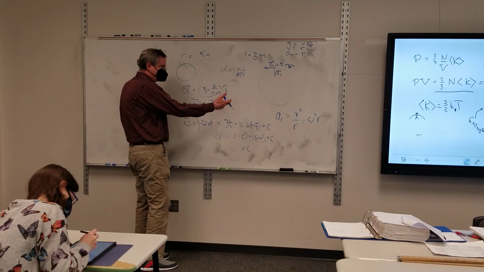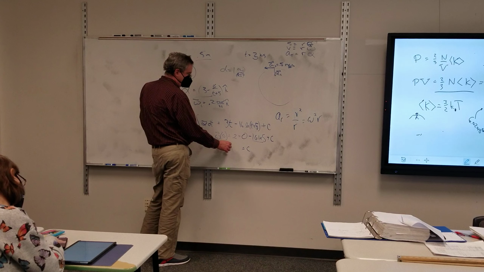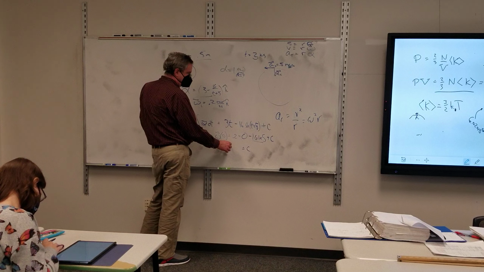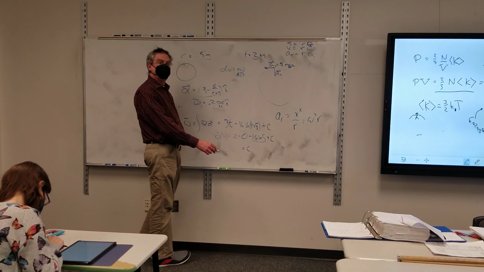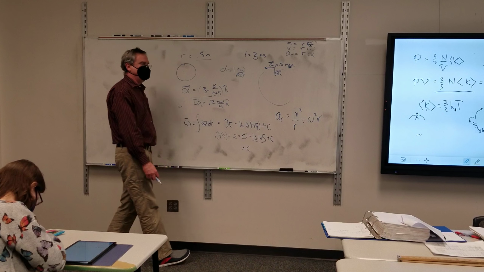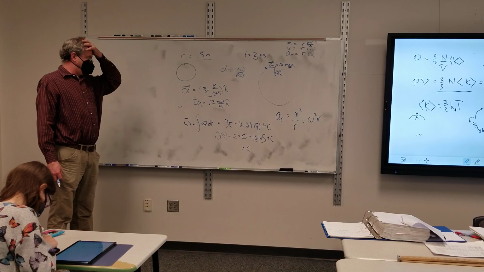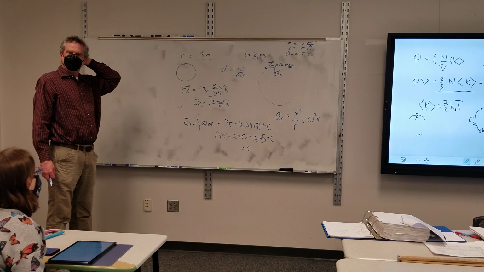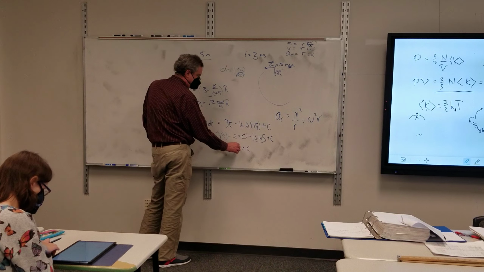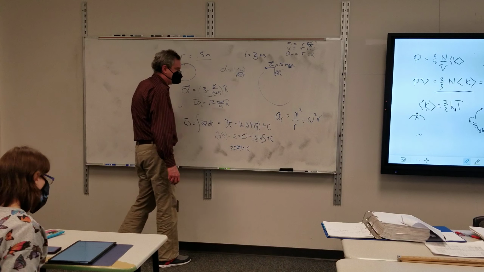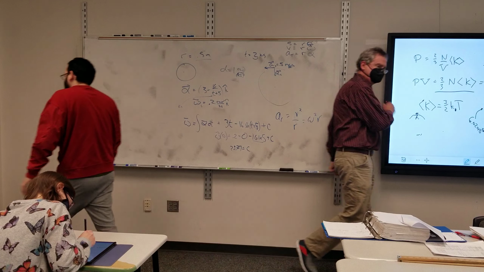And so whatever 16 natural log of 5 is, natural log of 5 is 1.6, so it's 25.751.